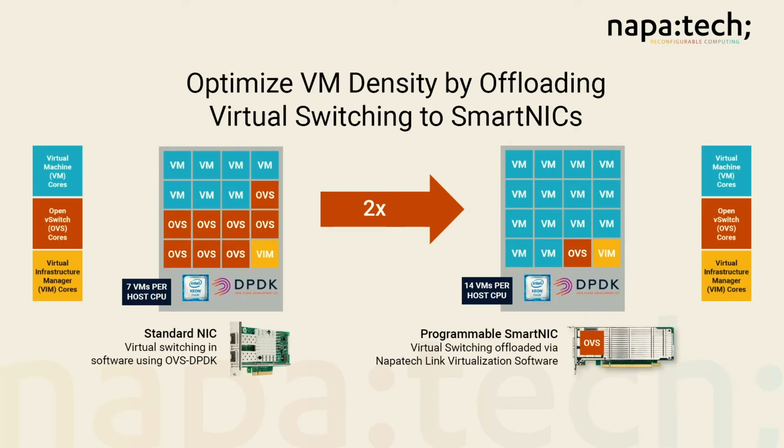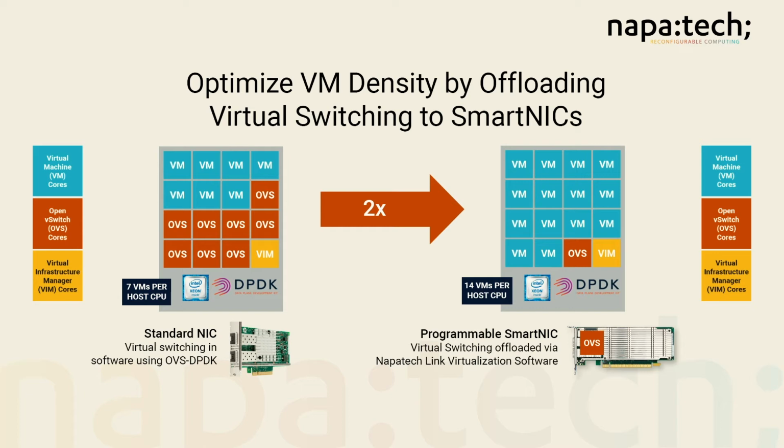Now, the easiest way to measure the benefits of vSwitch Offload is to look at the number of VMs able to run in the host CPU, otherwise known as the VM density. And this diagram compares two different implementations of an edge use case deployed on a server with an Intel Xeon CPU that has a total of 16 cores, which is a pretty typical platform for an edge data center.